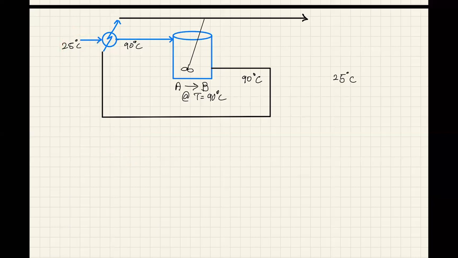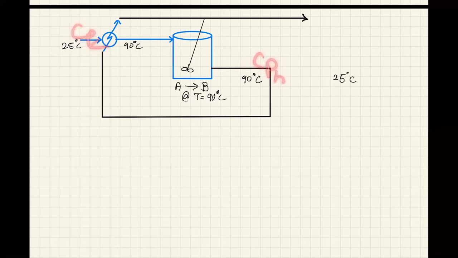Now you see, we have full control, or our flow rates for the reaction are fixed. This flow rate, this flow rate, their Cp values can be different. Sorry, this will be Cpc, this will be Cph over here. So typically Cpc, Cph are different.